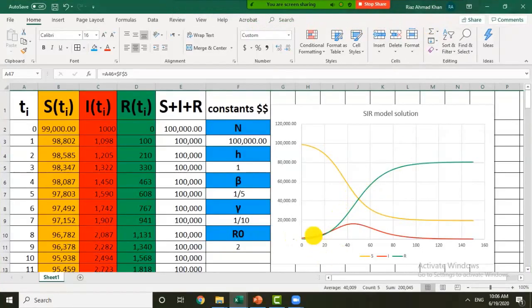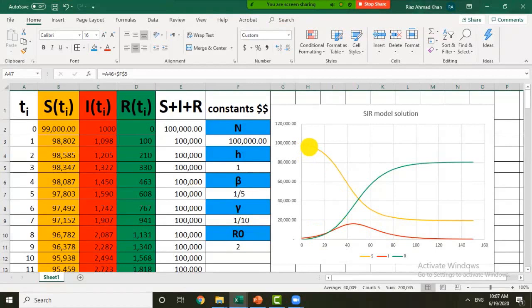The graph of SIR model shows that if we look at the curve of the infected population, initially it increases, but after some days, for example 45 or 46, it is the peak, and after that it decreases.